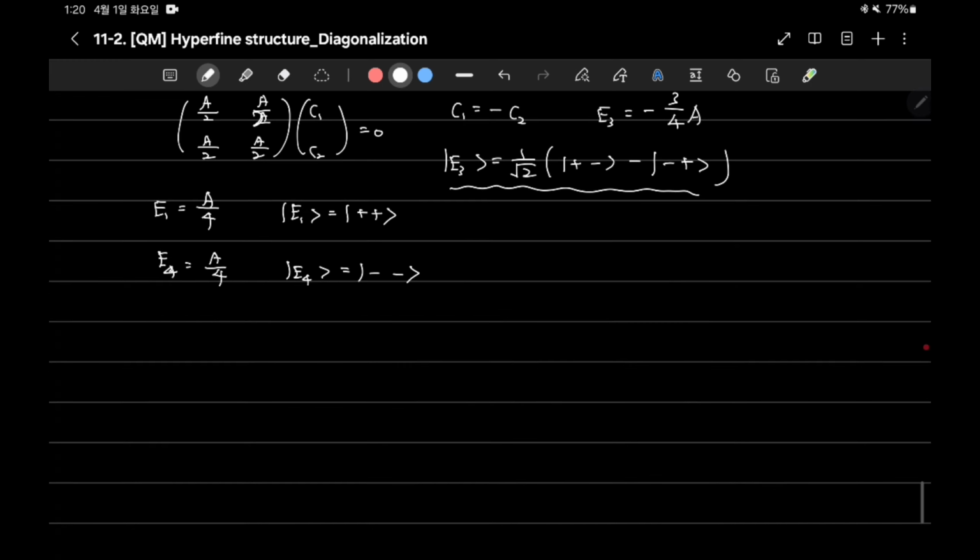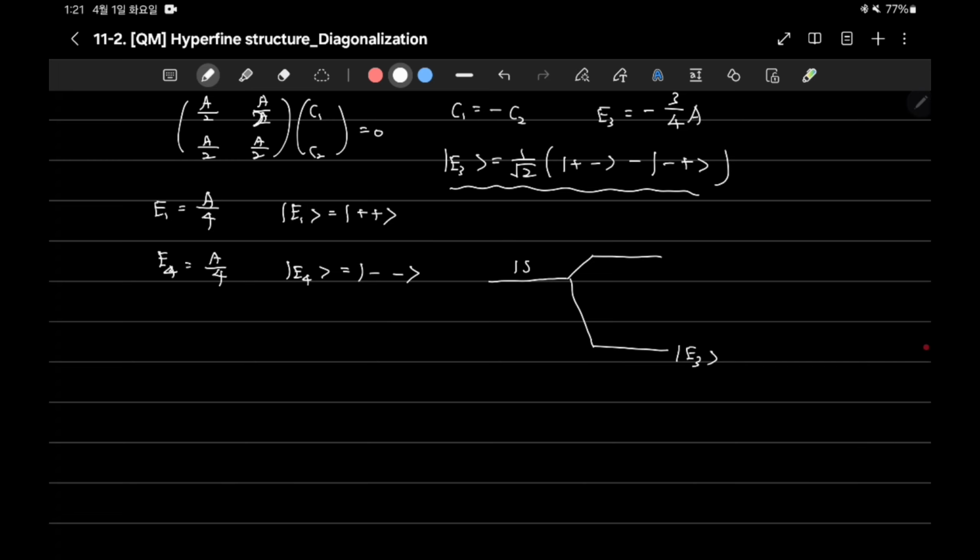So in the 1s orbital of the hydrogen atom there is an energy level, but here, when you think about the magnetic spin interaction between the magnetic ion, that is the nucleus, and the electron, there is energy degeneracy like that. The other one is the E3 state.